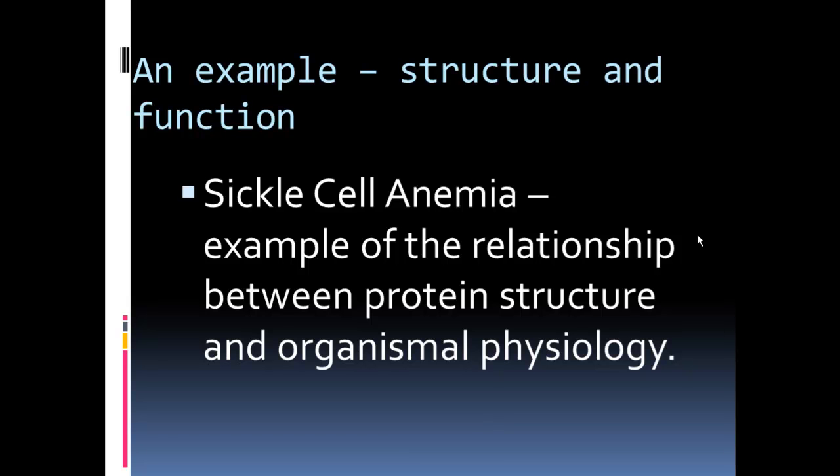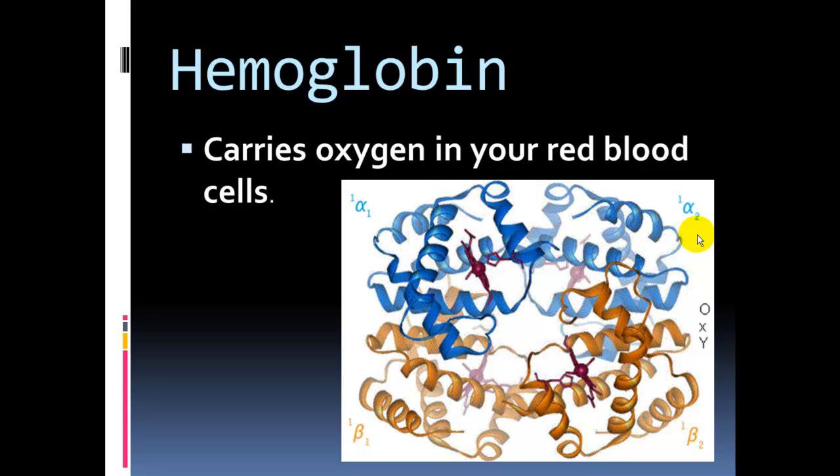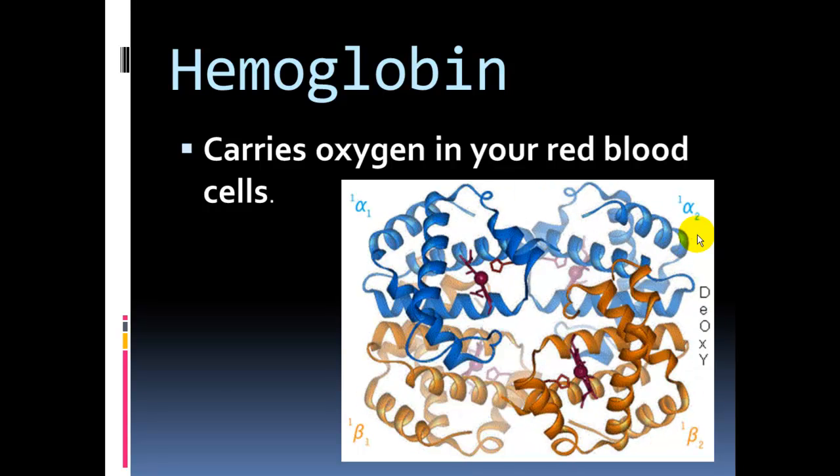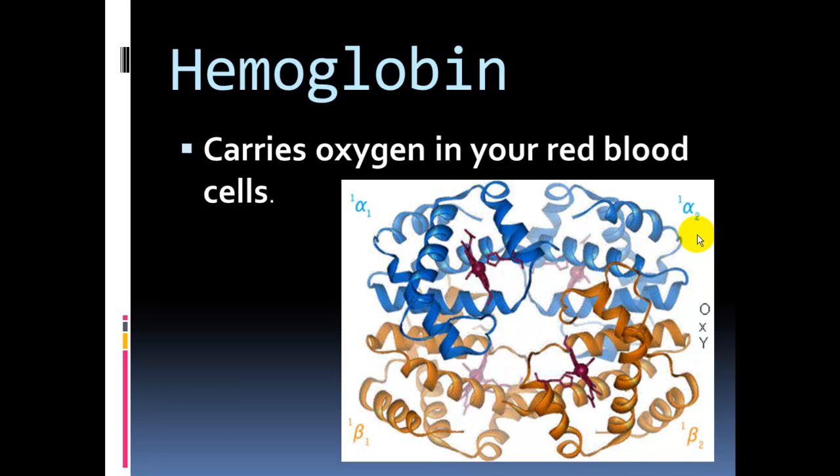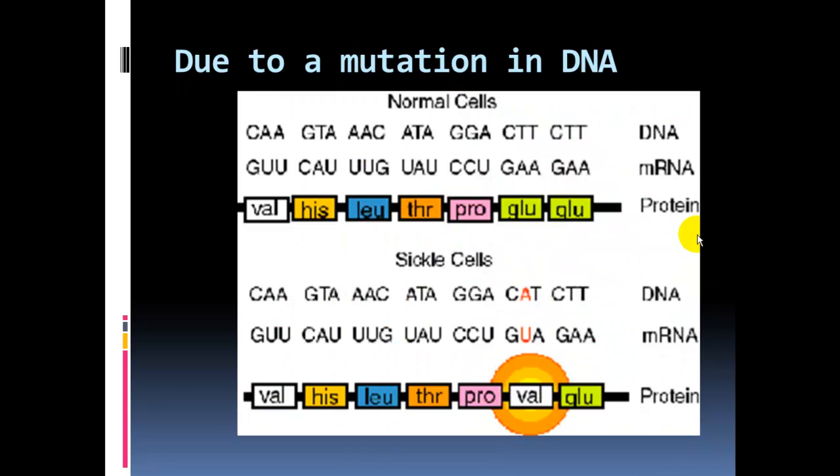And sickle cell anemia, unfortunately, is a genetic disease that affects the hemoglobin that transports oxygen in your red blood cells. So due to a mutation in DNA, so DNA's code has a mutation in it, it causes there to be a switch out of one amino acid.